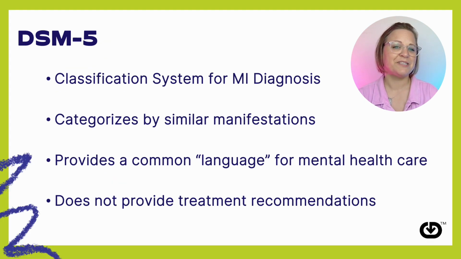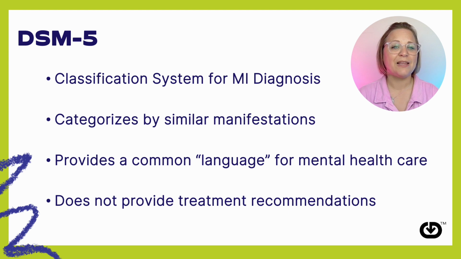And the last topic to close out our Mental Health 101 lecture for today is that of the DSM-5. The DSM-5 is a diagnostic manual that helps psychiatrists and medical doctors to determine what mental illness a patient might have. The DSM-5 provides categories of mental illnesses and categorizes them by similar manifestations.